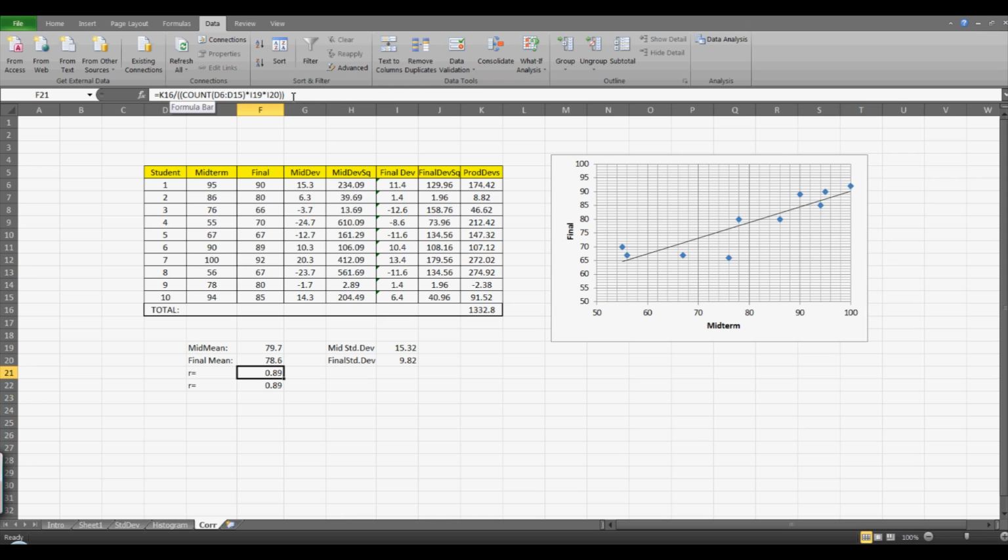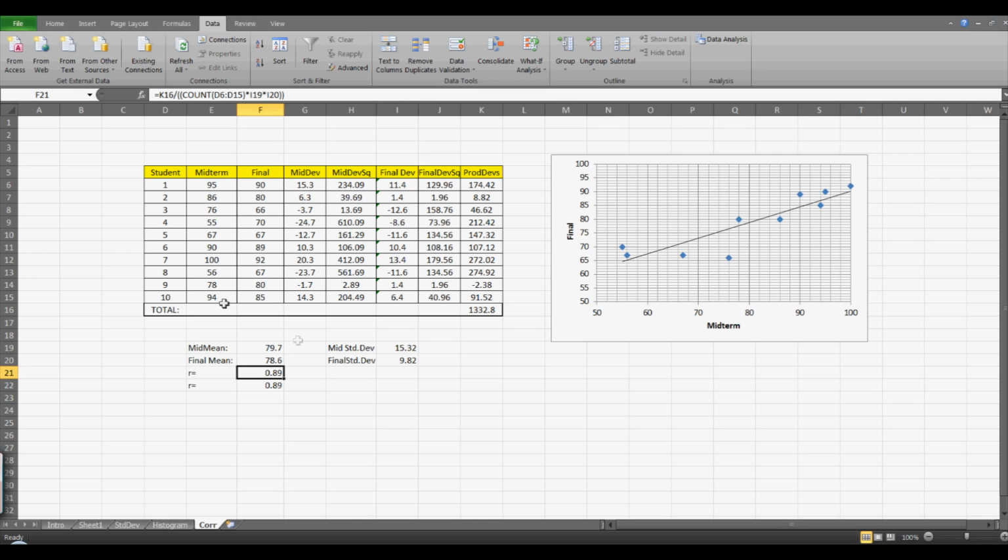And I got this number here for the correlation. 0.89 means that there's a positive correlation, so there's a pretty strong correspondence. The score that you got on your midterm is a pretty good predictor of the score that you will get on your final exam.